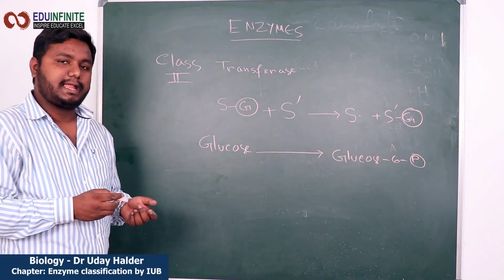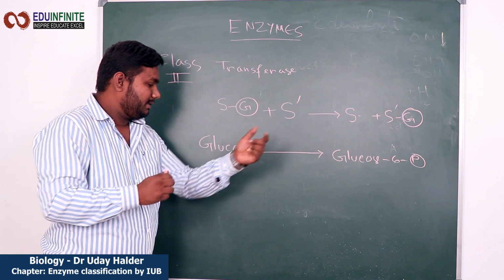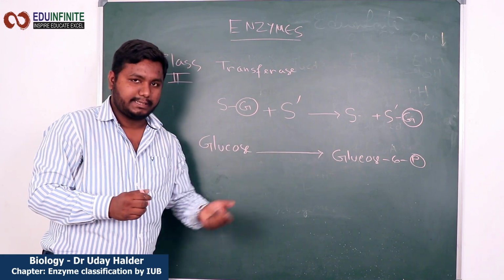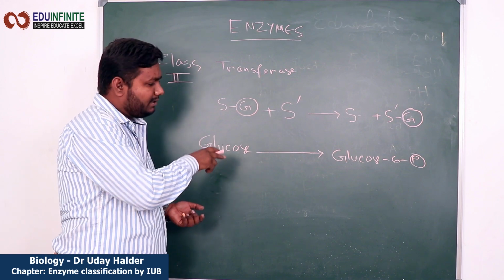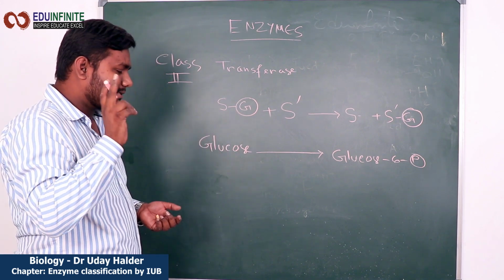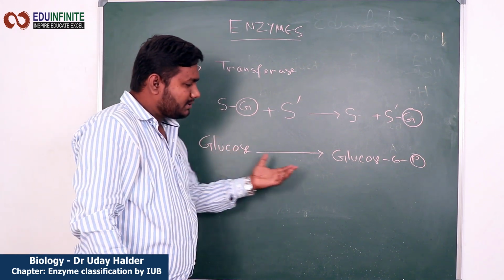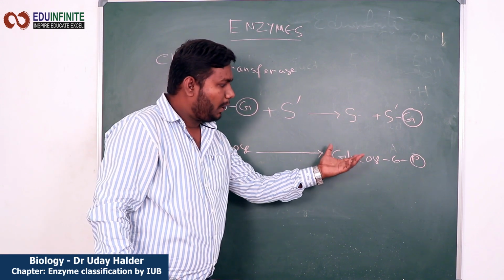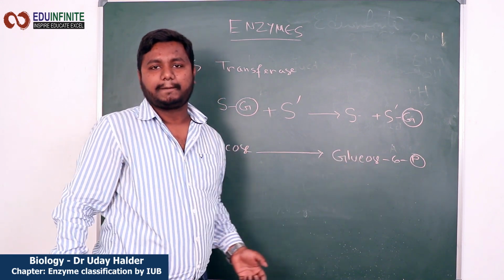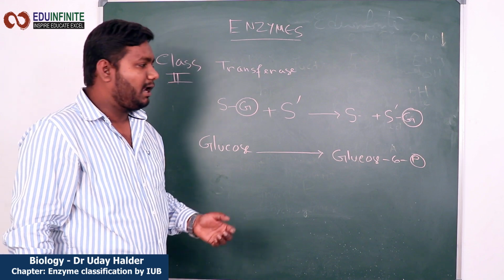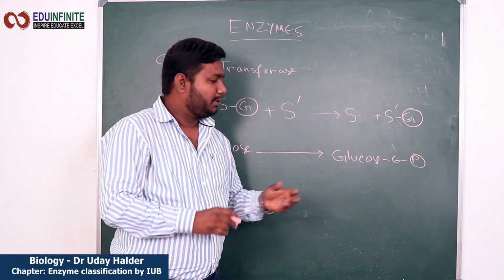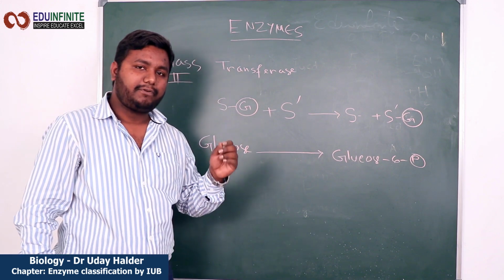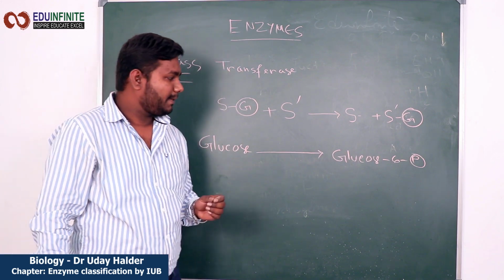I'll take the first reaction of glycolysis. Glucose to glucose 6-phosphate. Before diving deep into this thing, I want you guys to understand one thing, that glucose 6-phosphate, how many phosphate does it contain? I'll give you 5 seconds to think about it. Glucose 6-phosphate, how many phosphate does it contain?